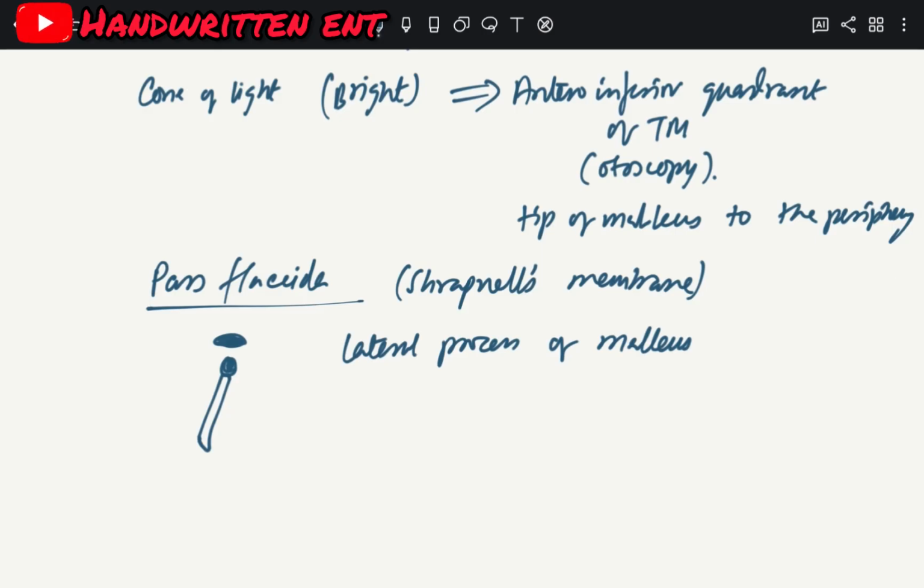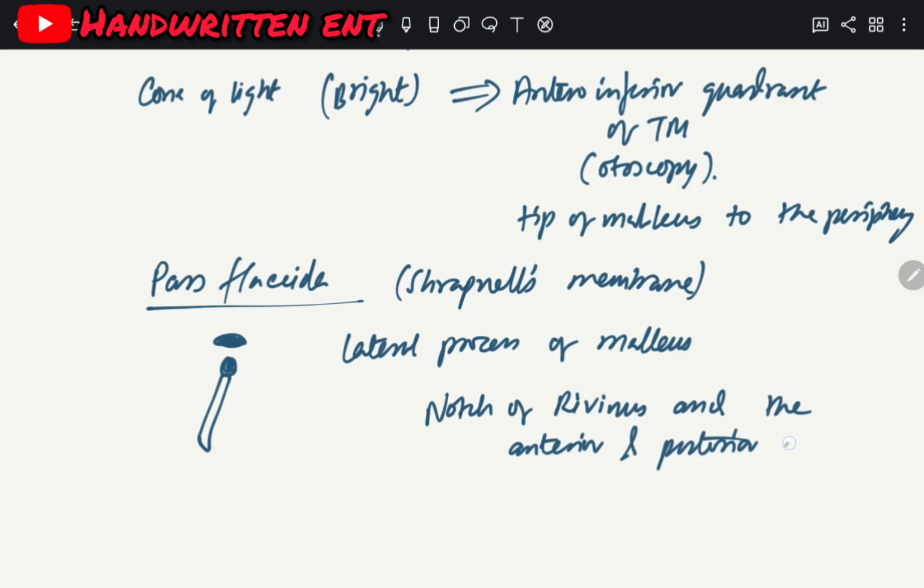So this pars flaccida is situated between the notch of Rivinus and the anterior and posterior malleolar folds.